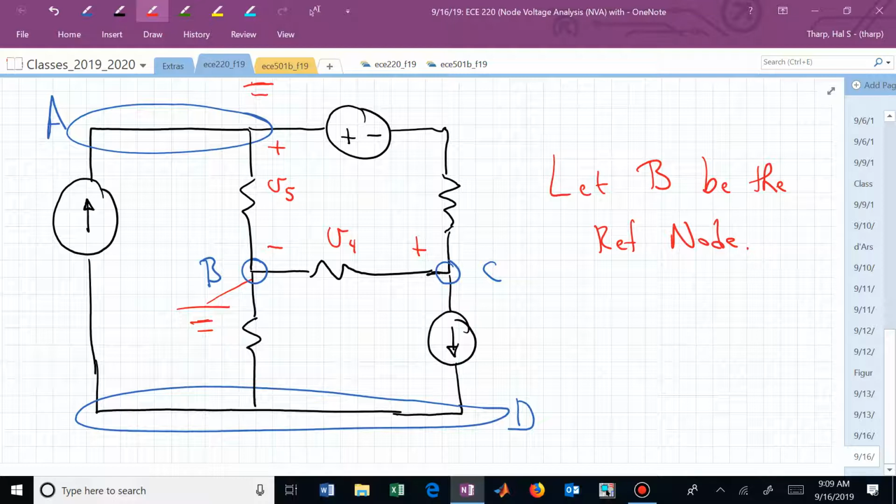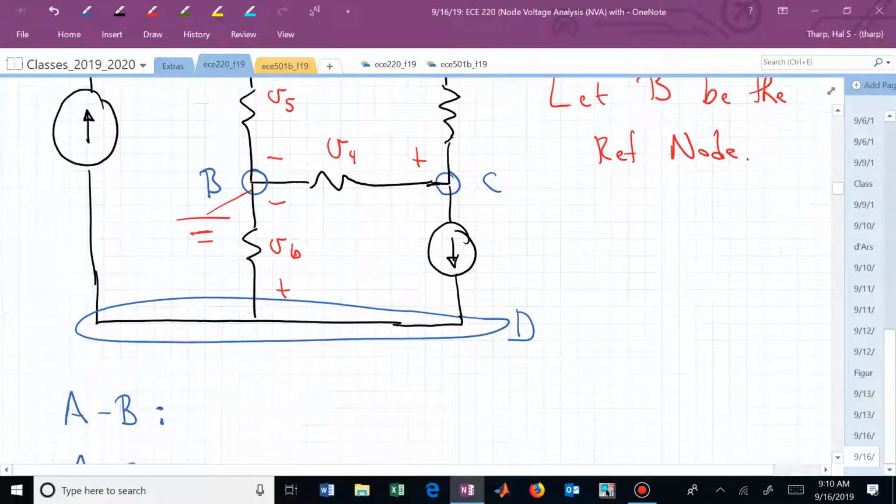That's A relative to B. And we have one more, which is D relative to B. Let's call that V sub 6. I would put my positive lead on D, and my common lead, my black lead, on node B, since that's the reference node in this twin circuit.